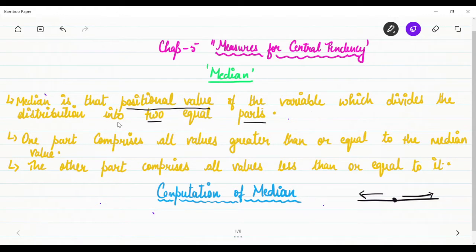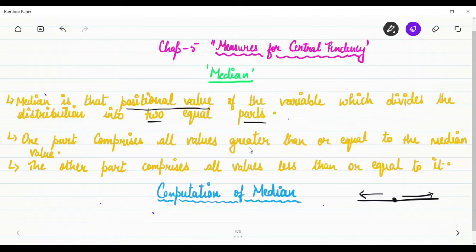Now it divides the distribution into two equal parts. One part comprises all values greater than or equal to the median, and the other part comprises the values less than or equal to it. So from the definition, what we can conclude is that the median lies in the middle part of the distribution.